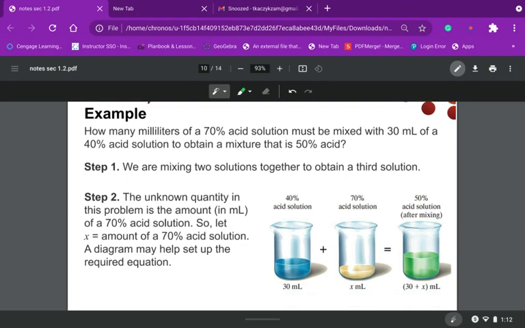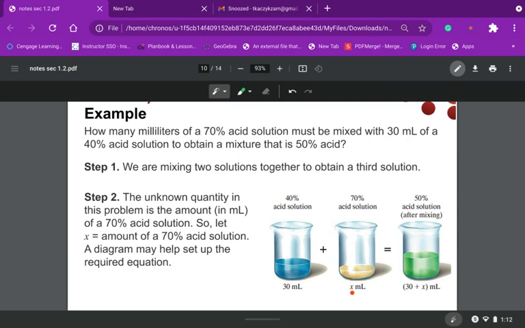We're mixing two different solutions which contain acid. So we know that we have 30 milliliters of the solution which has 40% of acid. We're mixing that solution with the second solution which contains 70% of acid, and we don't know this amount.